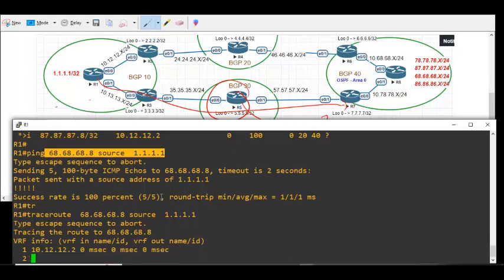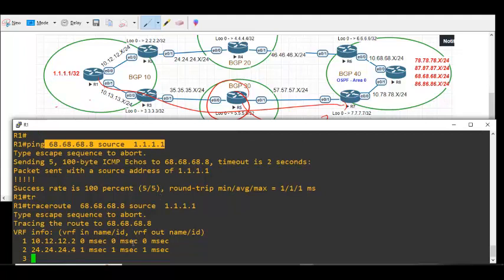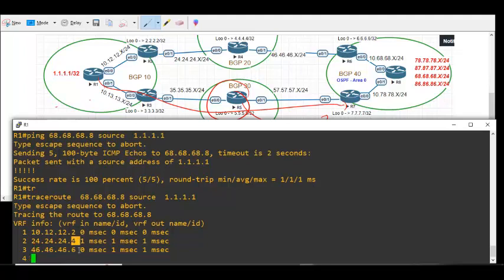Bala, if you see this 1.2, which is router 2, and if you see 4, it is router 4. See, it is getting into router 8, autonomous system 40.